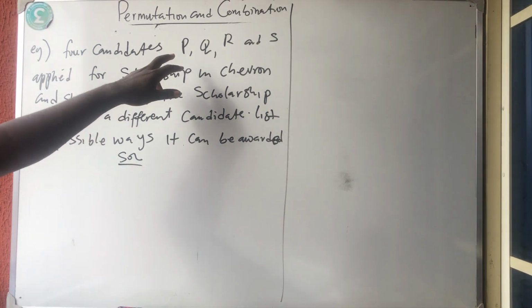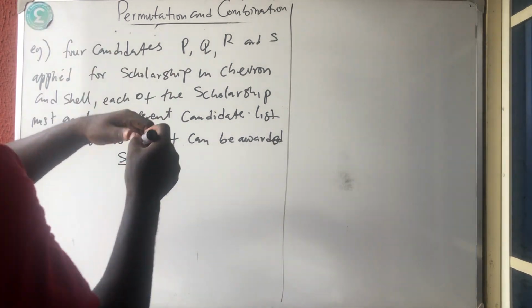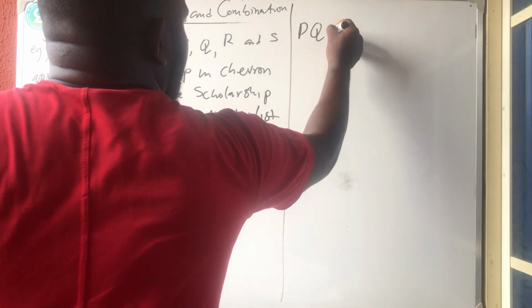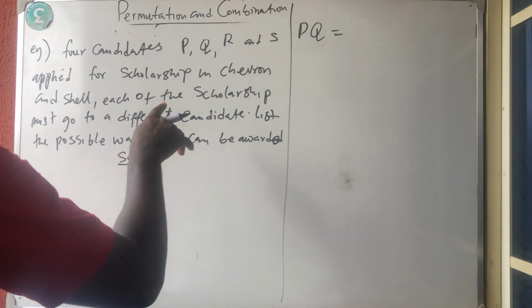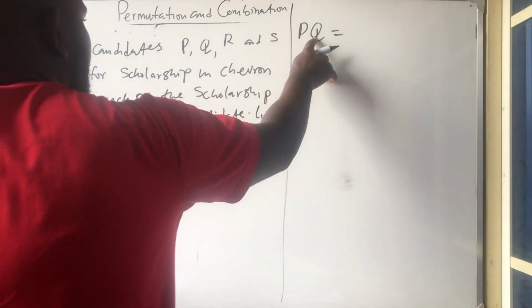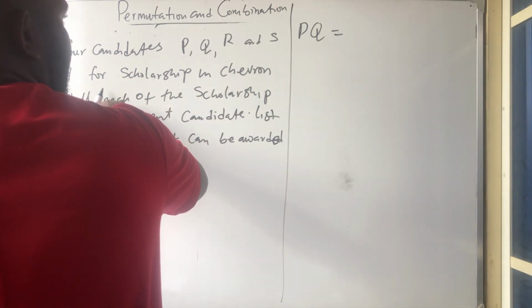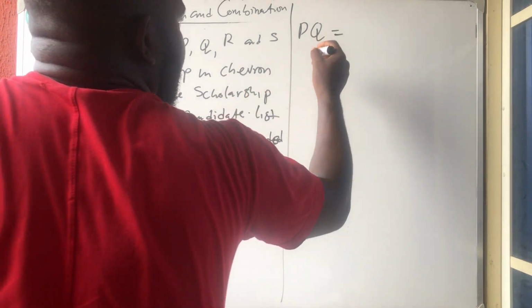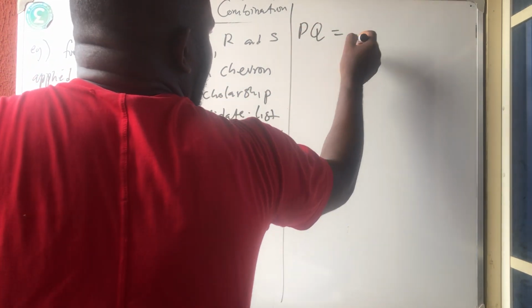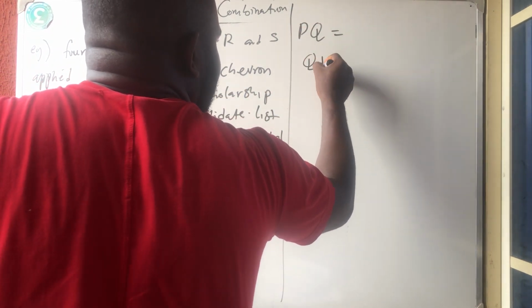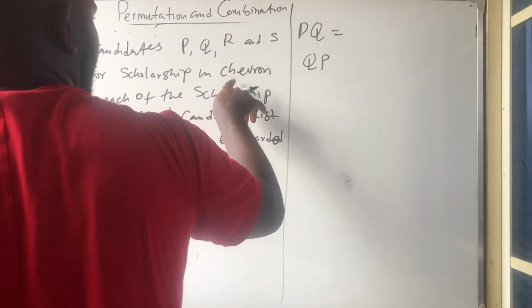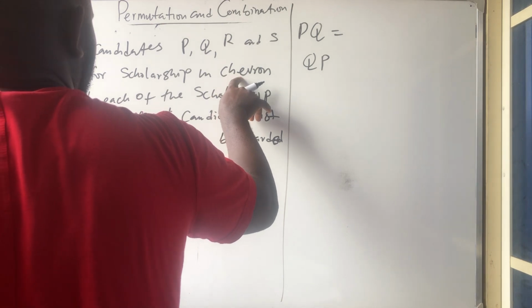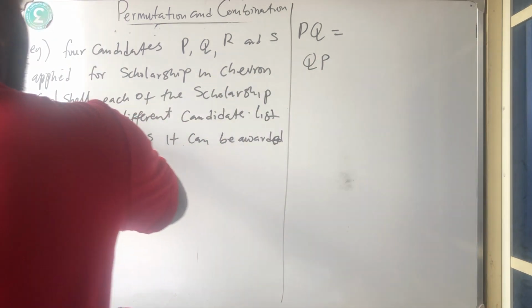So we can say that, watch now, if we choose 2 people like this, if we choose P and Q, we can say that P got Chevron and Q got Shell. Are you getting me? We can equally say that the same P and Q again, we can now write it as Q and P. And we say that Q got the first one, Chevron, and P got Shell.